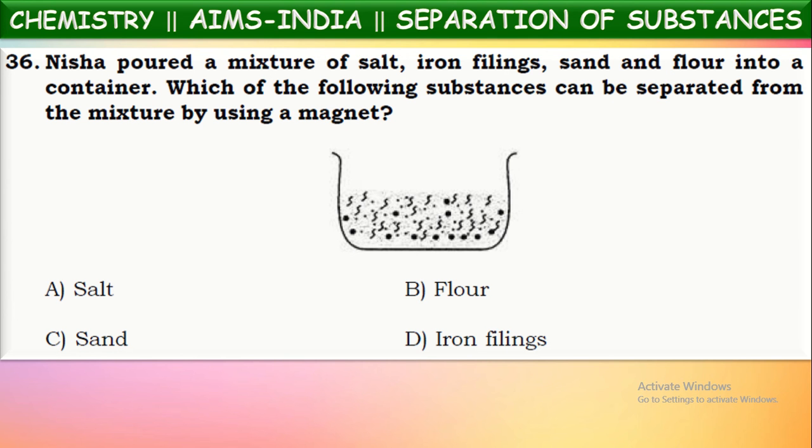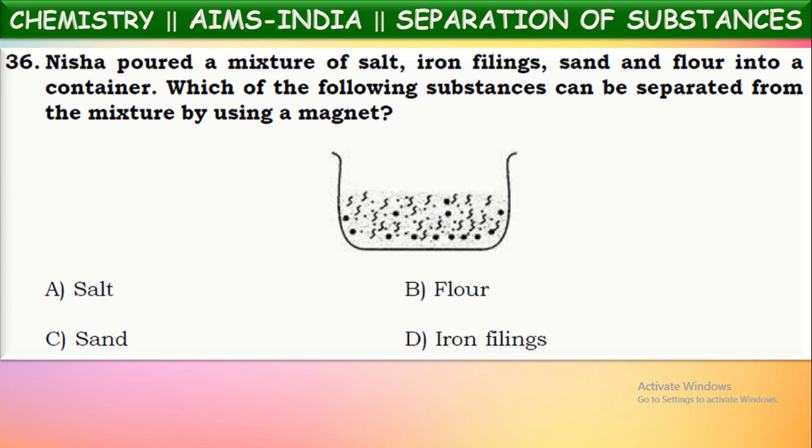To be separated by a magnet, what property should the substance have? It should be magnetic in nature. What does it mean to be magnetic in nature? It should be attracted by the magnet. Observe the given components in the mixture: salt, iron fillings, sand, and flour. Out of these four, which is magnetic in nature?